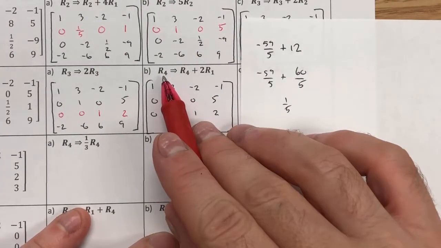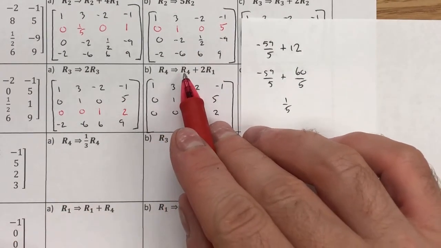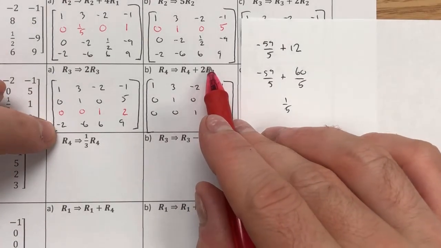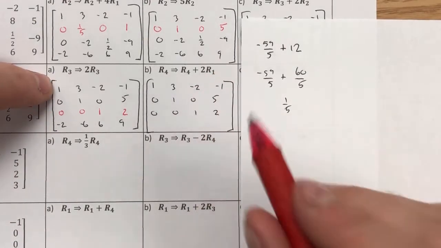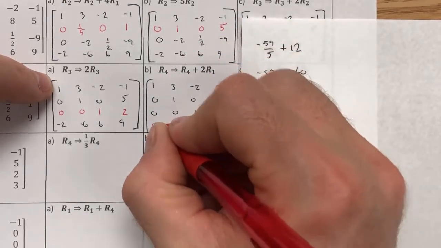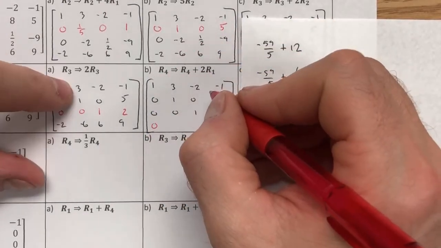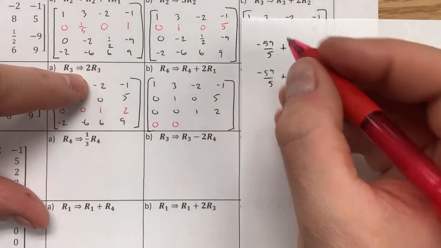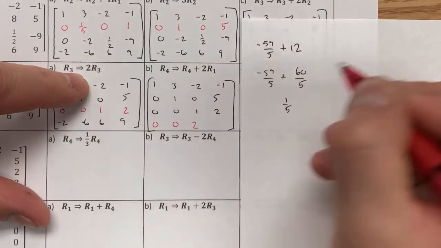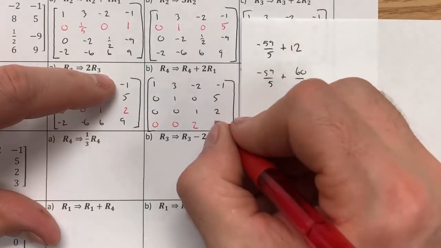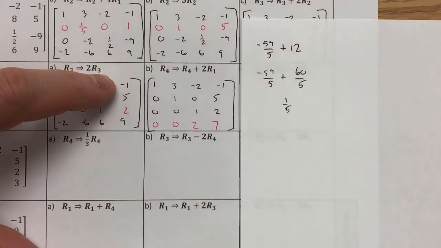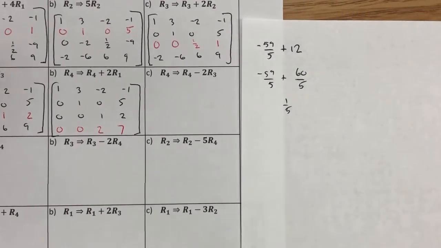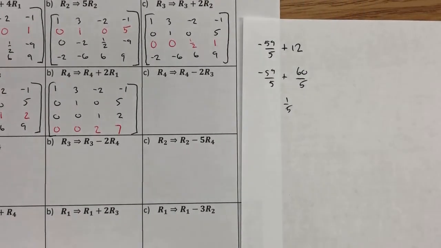Row 4 is going to be itself plus 2 of the top row. So negative 2 plus 2 of these, so that's plus 2, plus 2 of these, 0, plus 2 of these, so that's 6 minus 4 is 2, plus 2 of these, that is 7. Awesome. Modifying row 4 again.